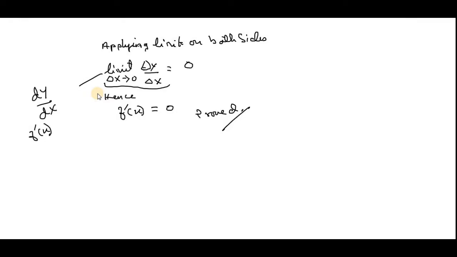So we have written it as f dash of x. That's why f dash of x is equal to 0. We have studied that the derivative of a constant function is always 0. Now let's take 2 or 3 examples for that.